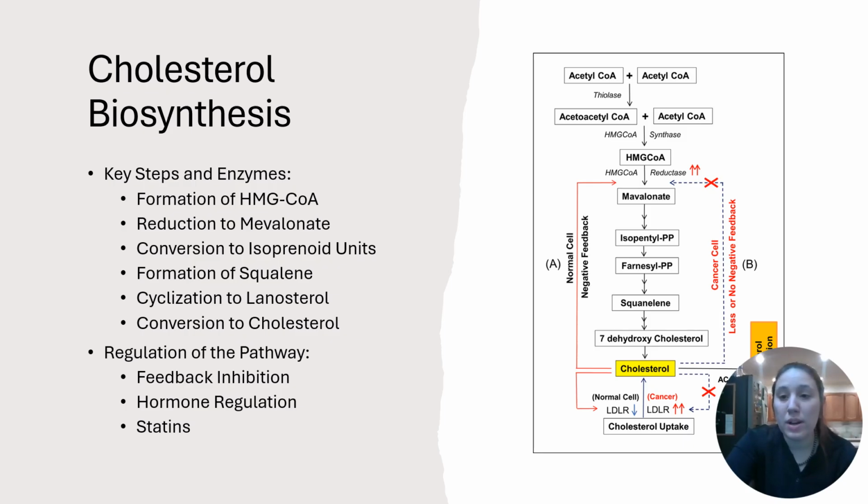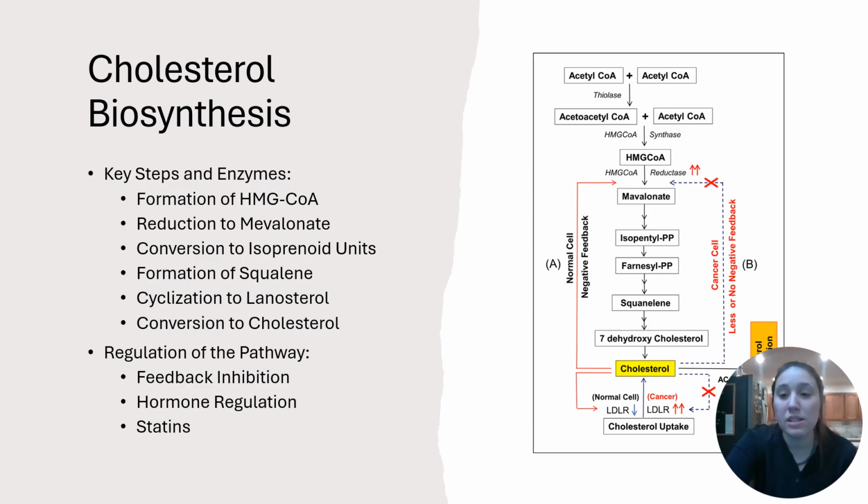So HMG-CoA is then reduced to mevalonate by the enzyme HMG-CoA reductase. This is the rate-limiting step of the cholesterol biosynthesis and is a critical control point in the pathway. Mevalonate then undergoes phosphorylation and decarboxylation to form isopentenyl pyrophosphate, which is IPP, and then this is activated into an isoprene unit.